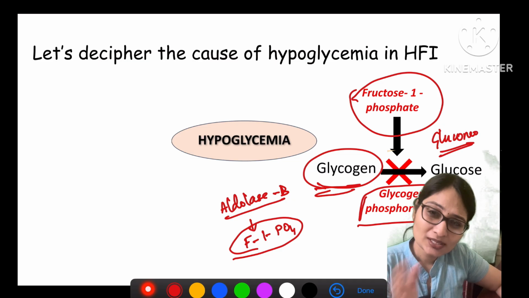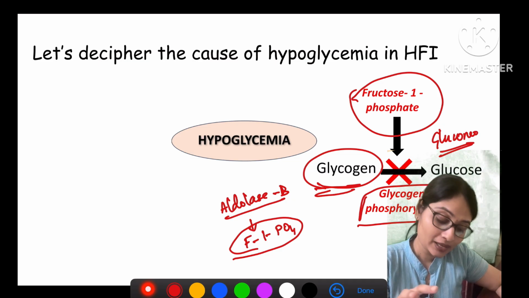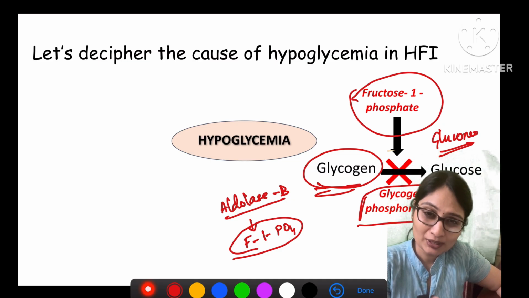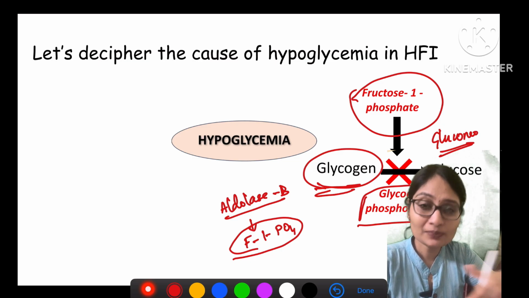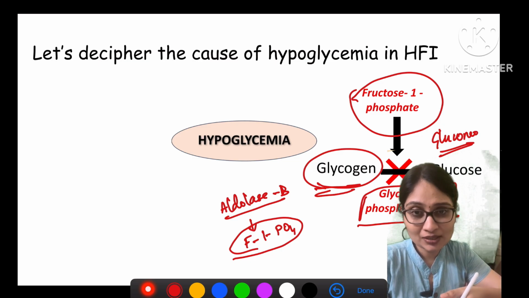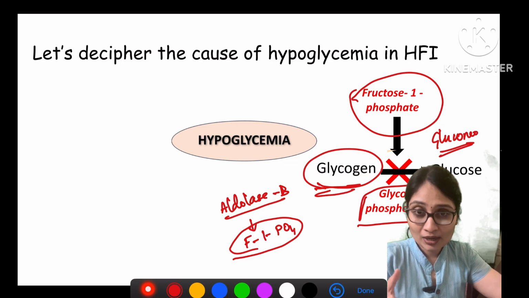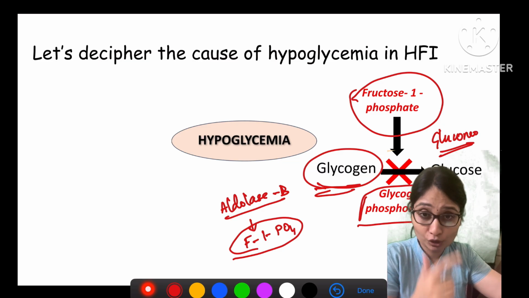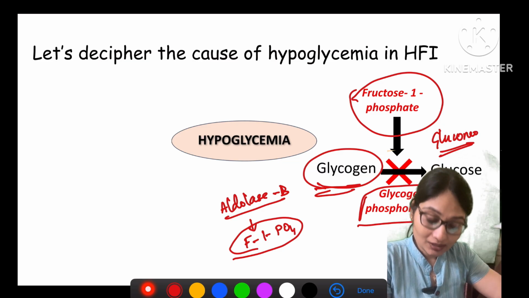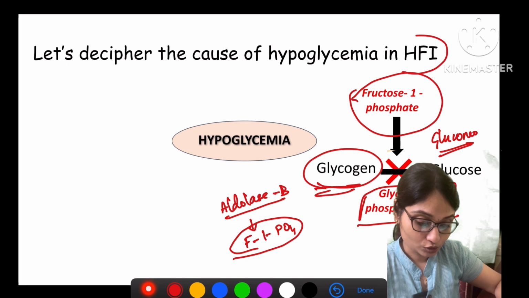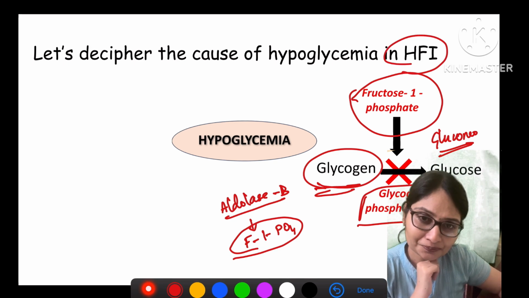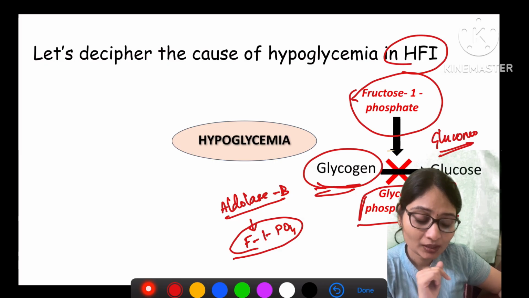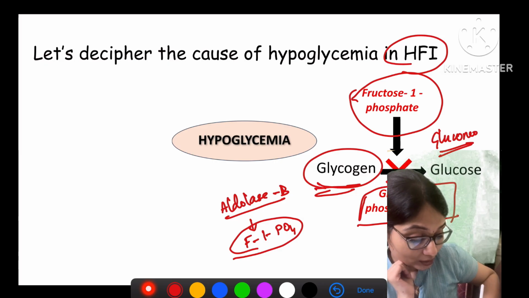So gluconeogenesis can step in and help the baby with hypoglycemia, right? So the baby ideally should not have hypoglycemia if gluconeogenesis sits in. But in HFI, that is, hereditary fructose intolerance, even gluconeogenesis is affected. Can you guess why? Any idea?